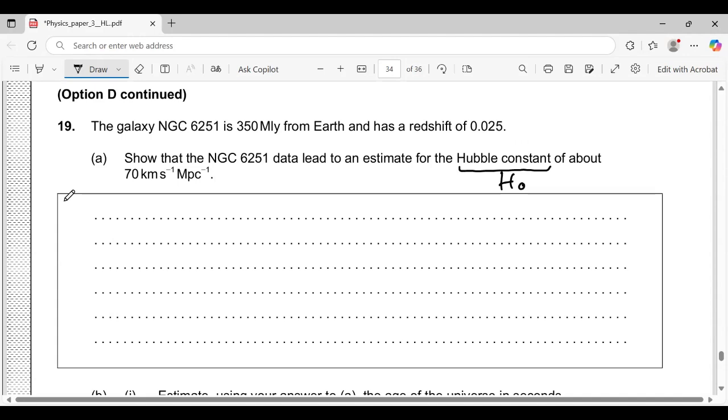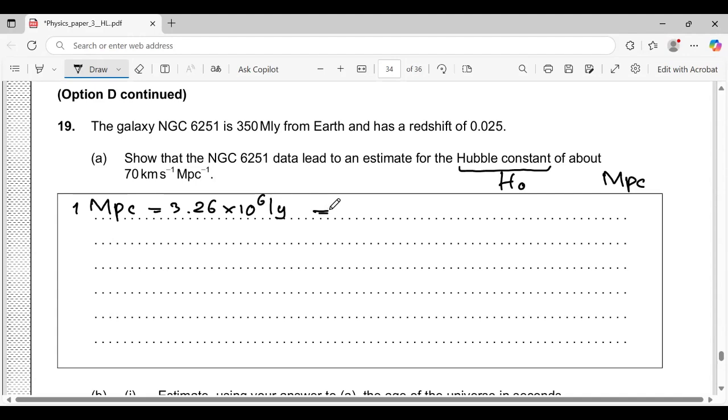The first step, I would like to convert distance to megaparsecs. Okay, megaparsecs, simply Mpc. Right, 1 Mpc equals 3.26 times 10 to the power 6 light years.